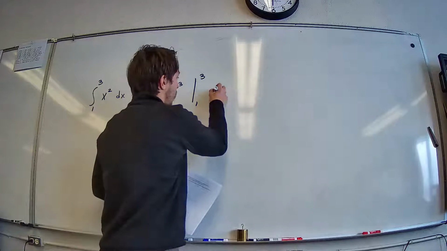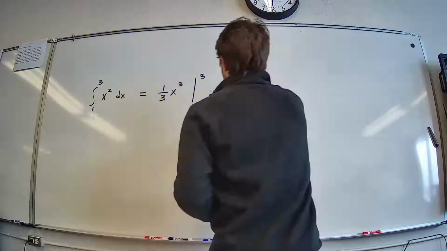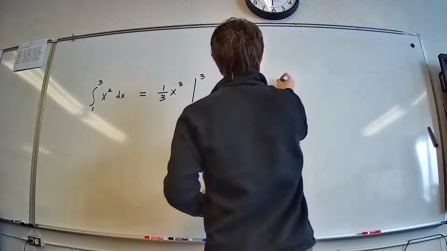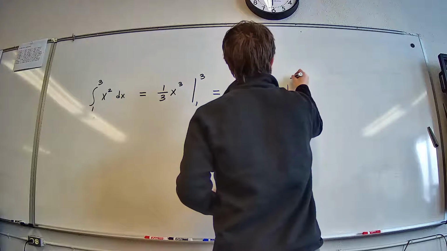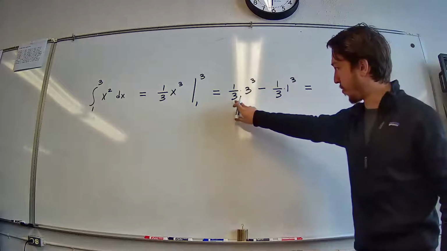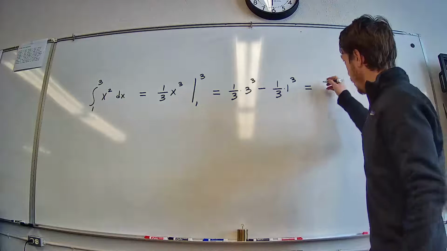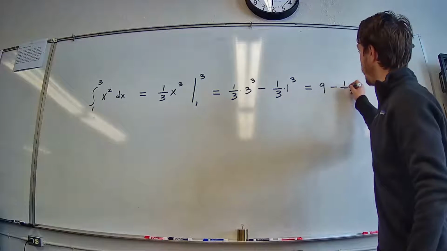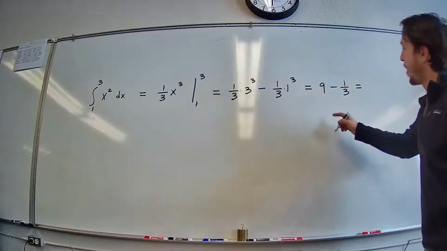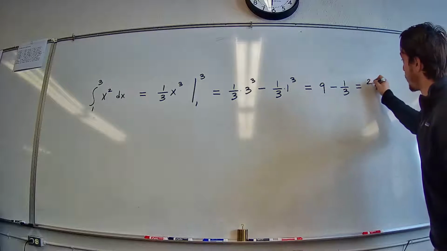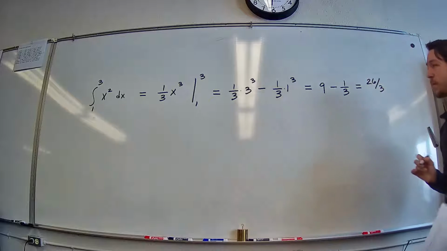And so what we get is 1/3 times 3 cubed minus 1/3 times 1 cubed. 1/3 of 27 is 9, and 1/3 of 1 is 1/3. So that's 27 thirds minus 1/3, so the answer is 26 thirds.